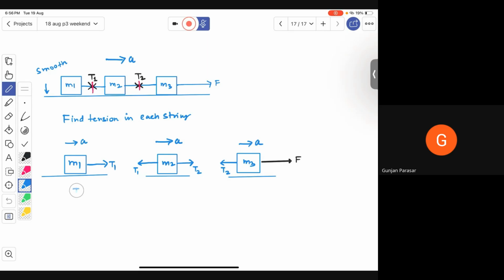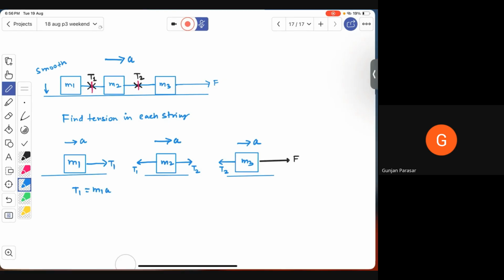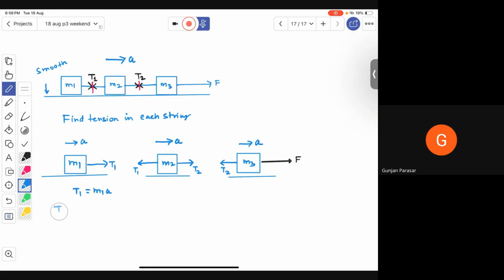So if I write the force equation, T1 equals M1 into A; T2 minus T1 equals M2 into A. For the third one, F minus T2 equals M3 into A. Just like the earlier case, if I add all of them, I get F equals (M1 plus M2 plus M3) into A. Then A will be equal to F by M1 plus M2 plus M3.